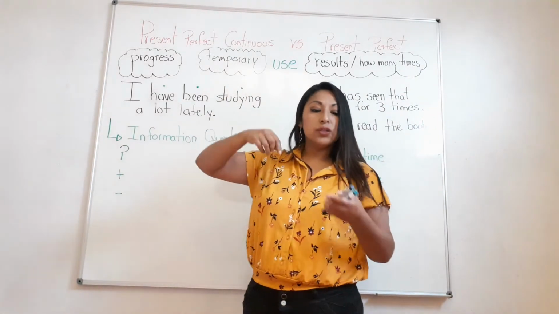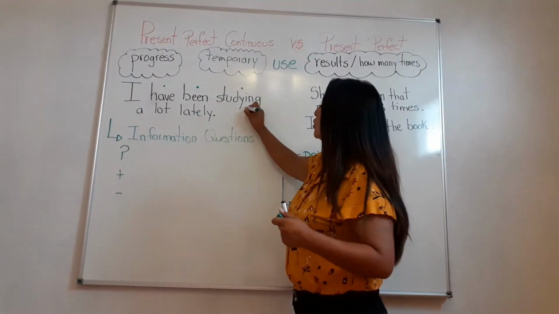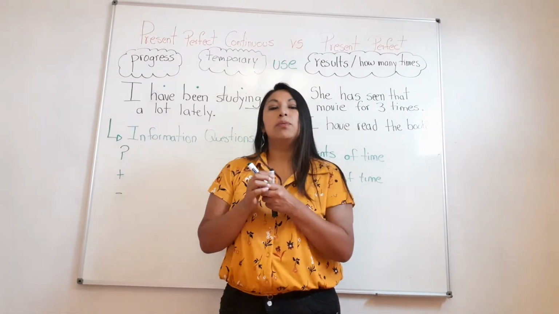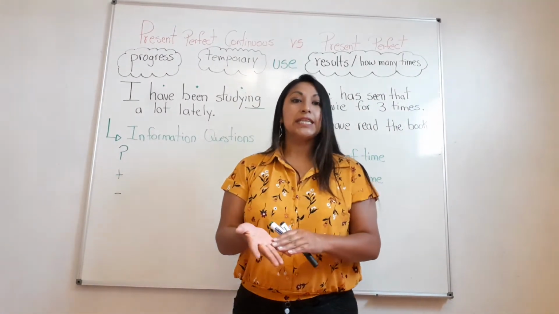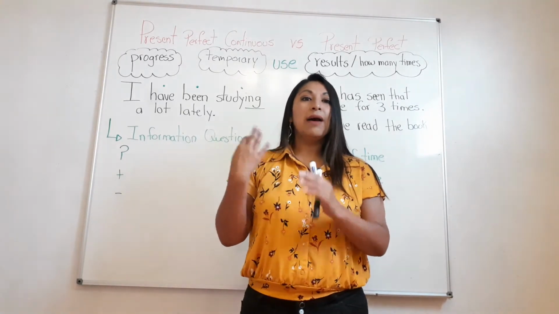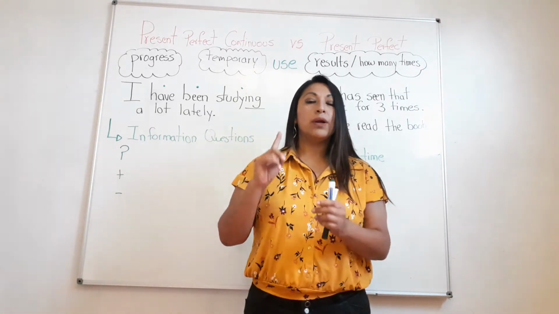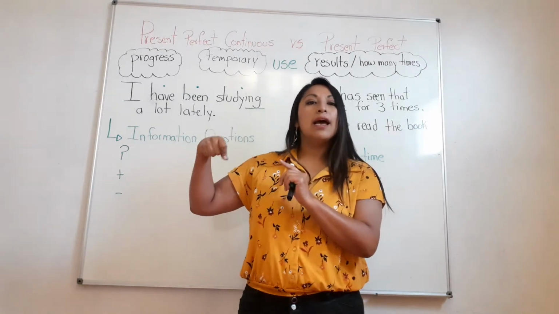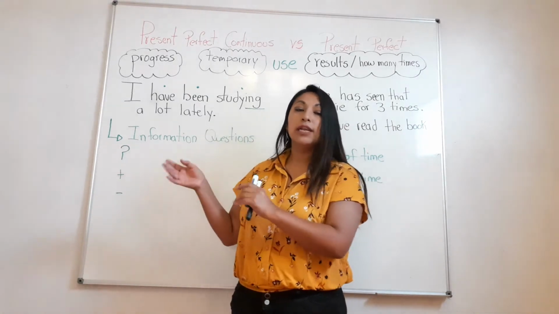Remember that in order to add ing, we have some rules. For example, just to remind you, the verb sit. We should double the last consonant for one reason, because it's consonant, vowel, consonant, and we double the last consonant.